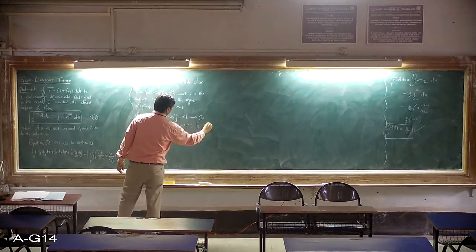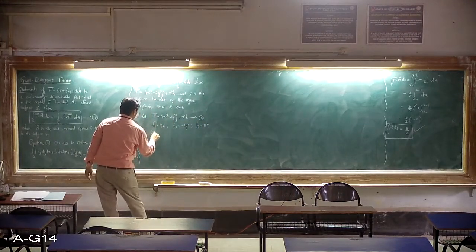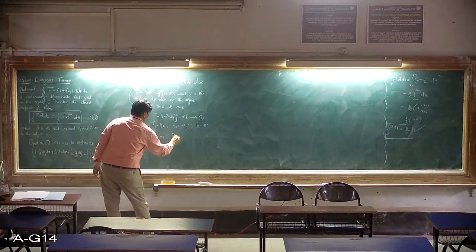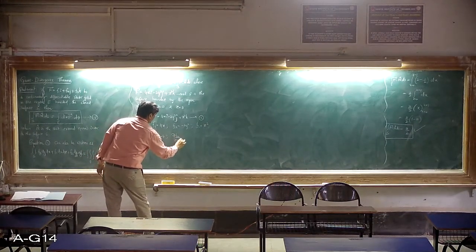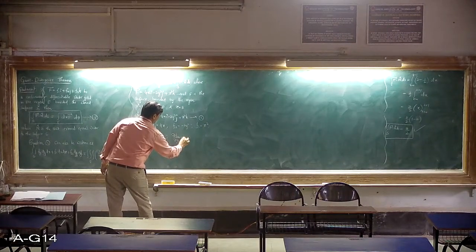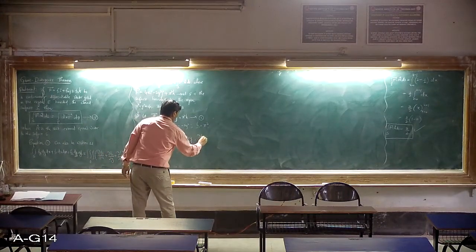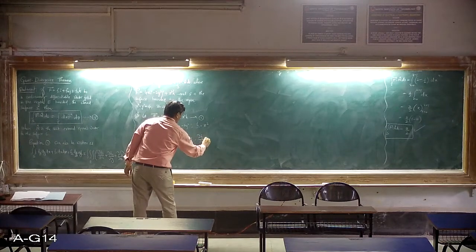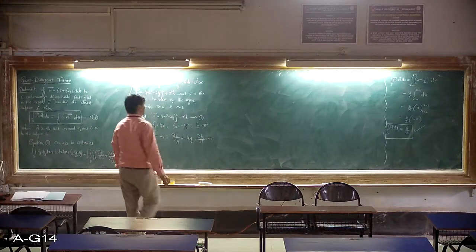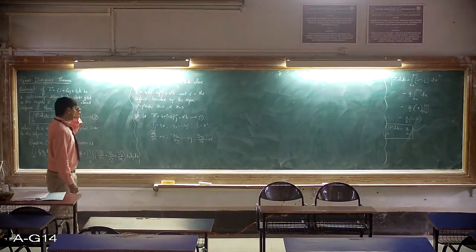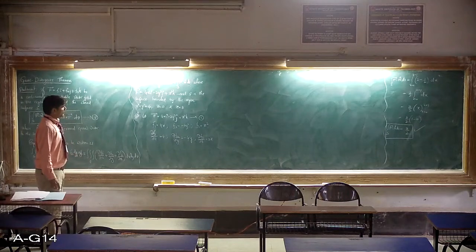That is z square, right? Dou F1 by dou x is equal to 4. Dou F2 by dou y is equal to minus 4y, and dou F3 by dou z is equal to 2z, right?